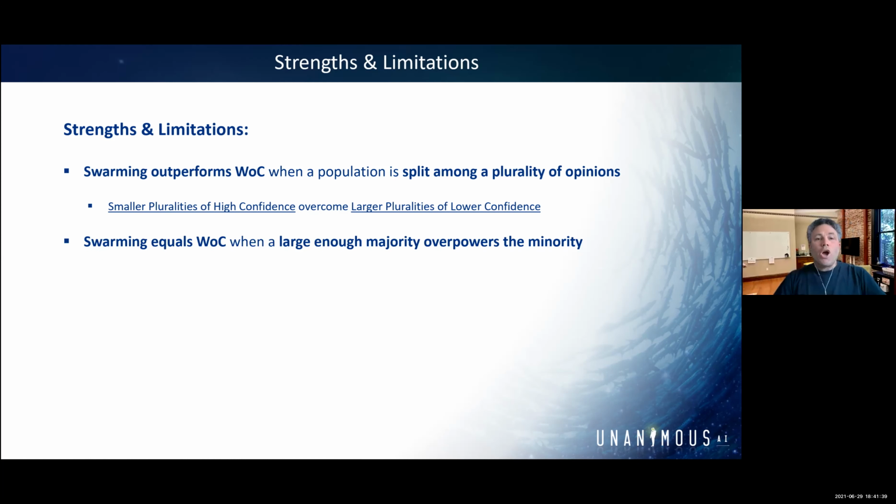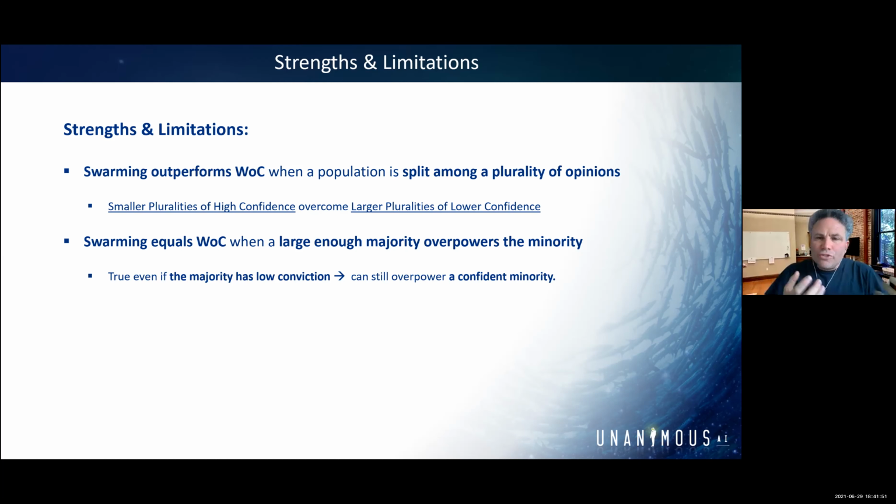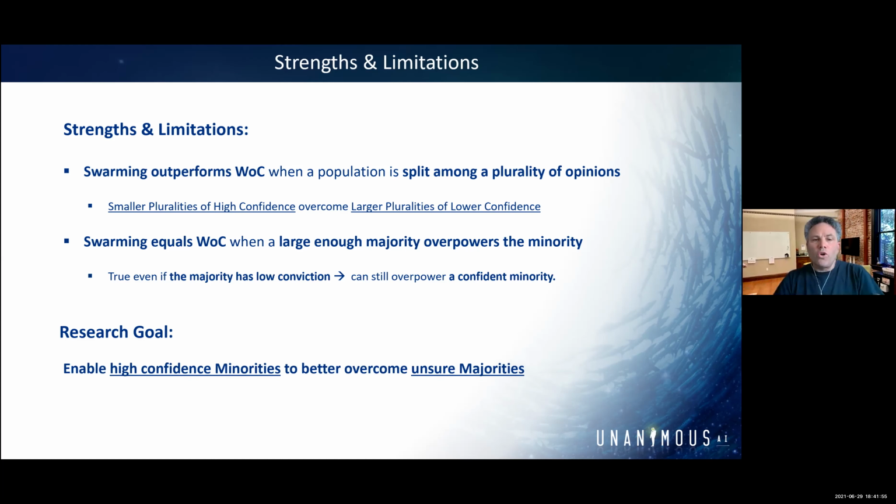But swarming basically reduces to wisdom of crowd when you have a large majority that can overpower the minority. And that's true even if the majority has low conviction. It can still overpower a confident minority, which led us to this goal of enabling high-confidence minorities to better overcome these unsure majorities. And that's where hyperswarms come in.